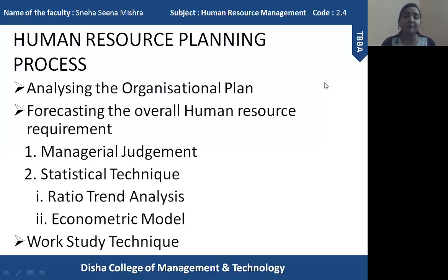So every department has a certain level of workload and certain kinds of activity, and these activities will be completed by a certain number of people having certain kinds of qualities. So in order to understand each and every aspect of a plan, we need to thoroughly understand the various types of plan within the organization, and then each plan needs to be understood in a unit-wise manner. Then we are going to plan according to the requirement of the department and the requirement of the entire organization.